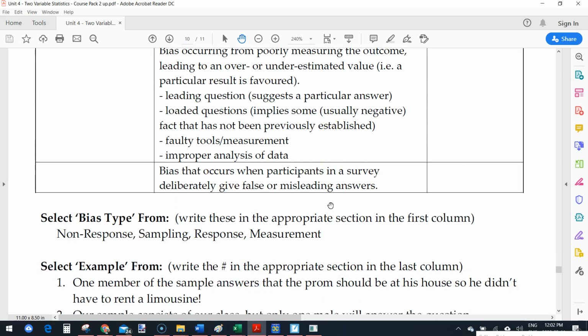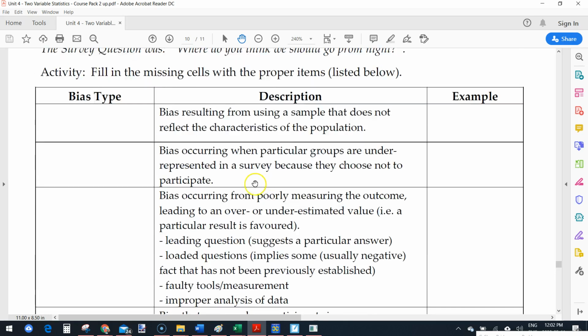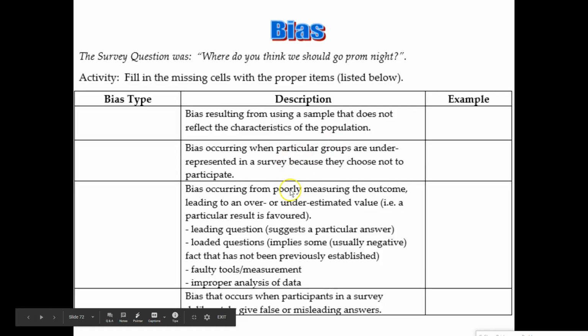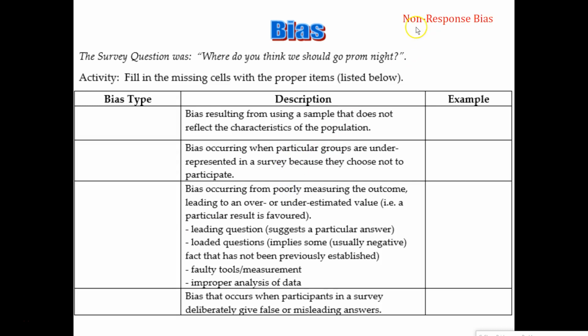So in this example, the survey question was, where do you think that we should go prom night? So first of all, non-response bias. Their descriptions are: would non-response bias be bias resulting from using a sample that does not reflect the characteristics of the population?